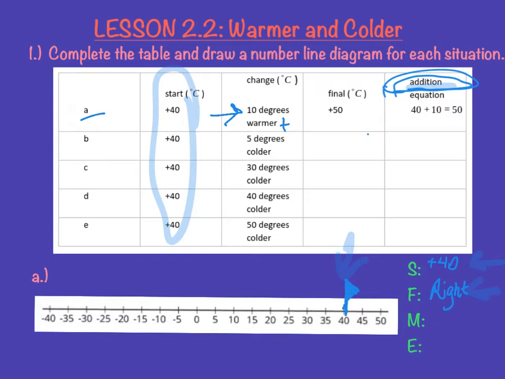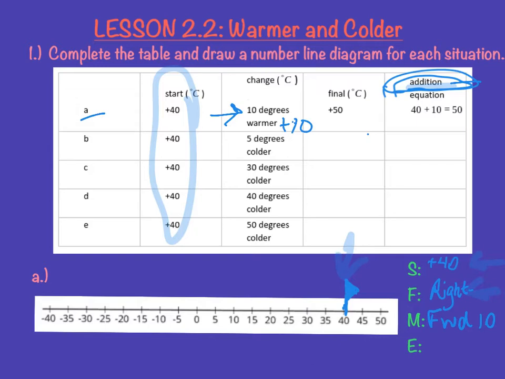Positive 10, okay? So adding means I'm facing to the right, and positive means I'm moving forward. And in this case, I'm moving forward 10 places.